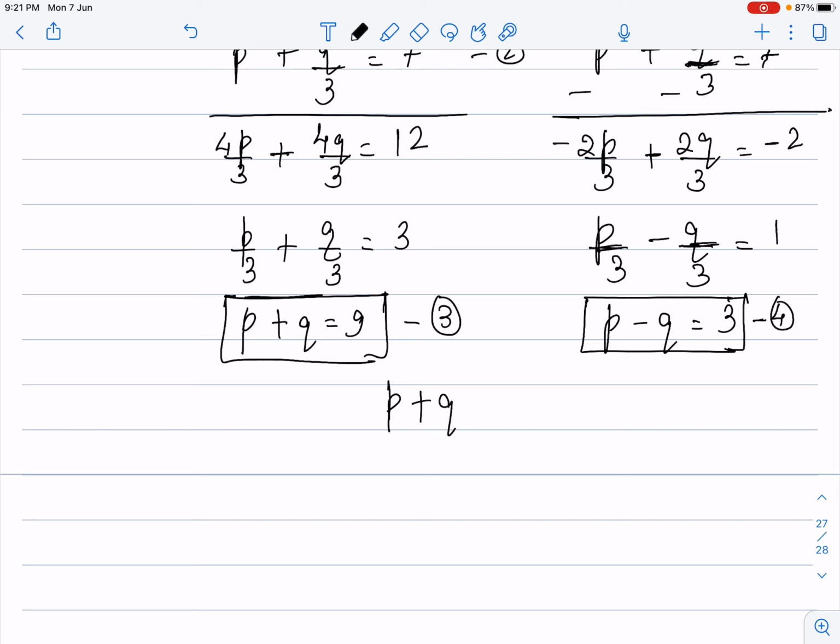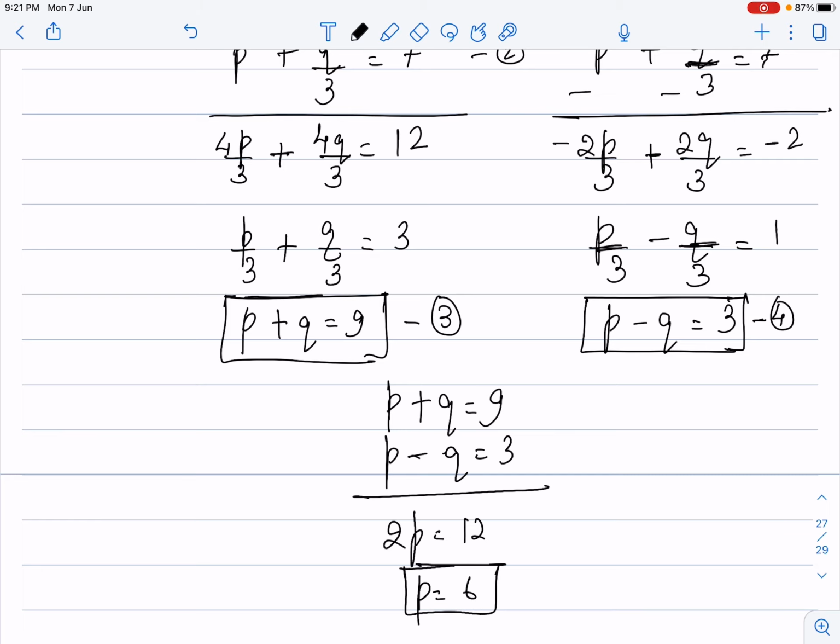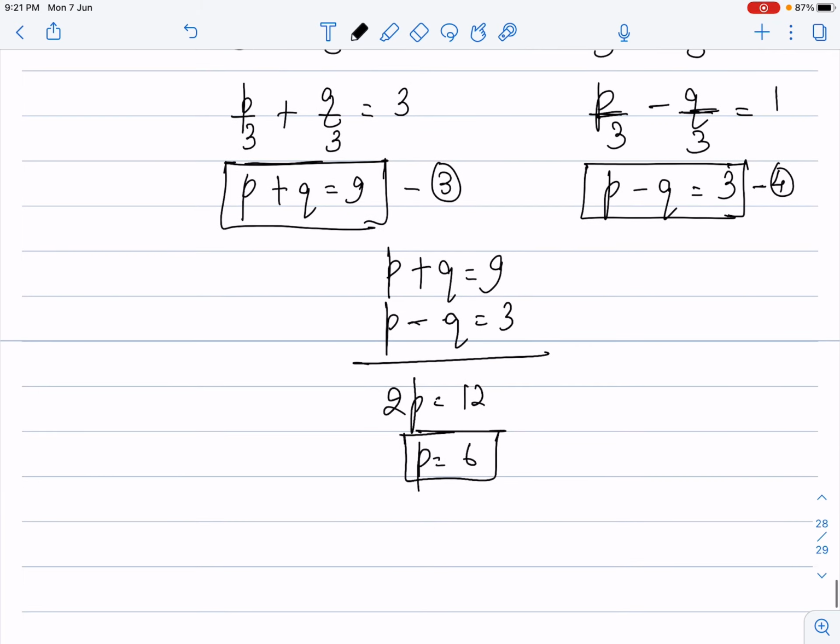So p plus q is 9, we know. p minus q is equal to 3, we know. So 2p is equal to 12, so p is equal to 6. Now we may use the third equation to get the value of q as 3. That means log x base 2 is equal to 6, and log y base 2 is equal to 3.